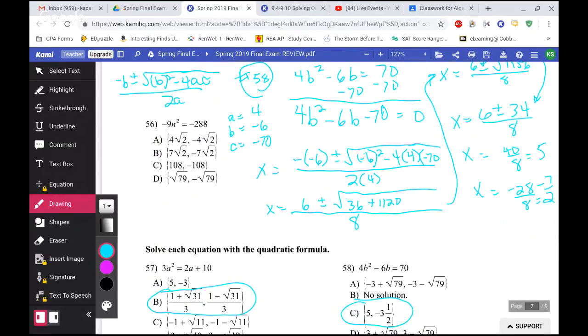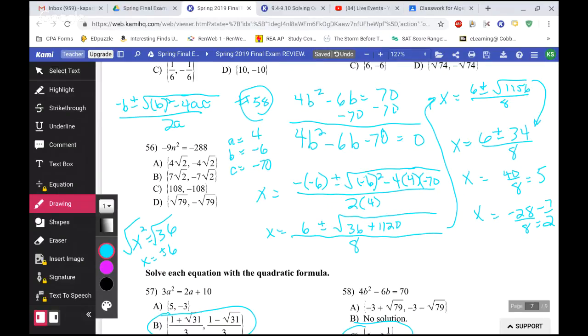Okay. Thank you. So it's plus or minus. Remember when you take the square roots, it's plus or minus. Because remember, if I had x squared equals 36, and I took the square root of both sides, I'm looking for all the possibilities that could be the square root of 36. So that would be plus or minus 6. So basically that's this part of the problem.